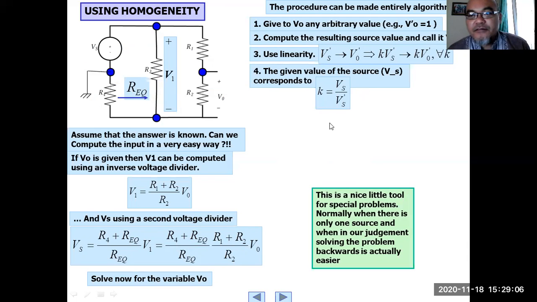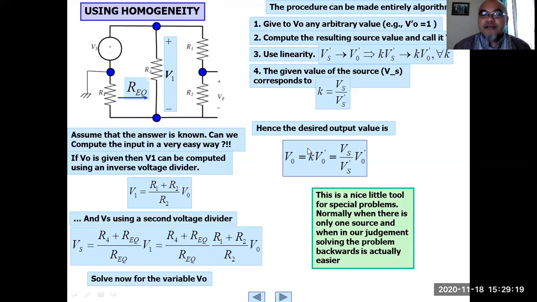Using the principle of homogeneity, the given value of the source Vs gives K equals Vs divided by Vs dash. Then the desired output value will be V output equals K times V output dash, where we substitute the value of K with Vs divided by Vs dash.